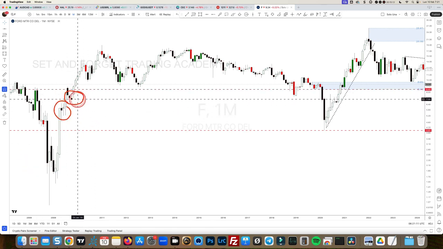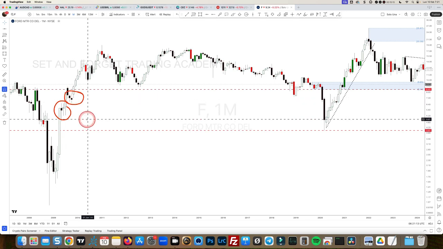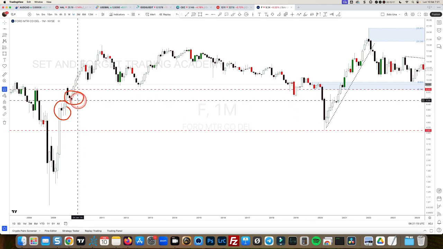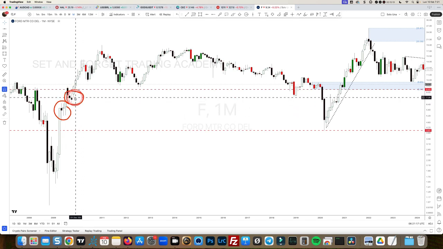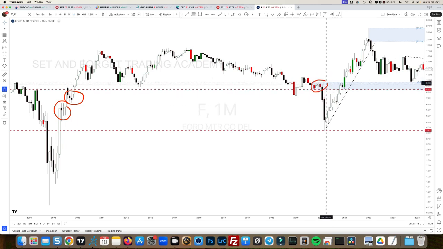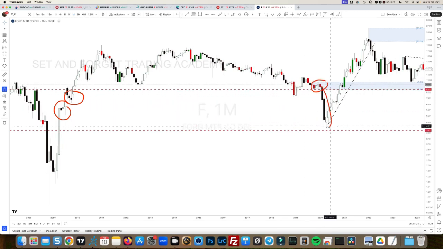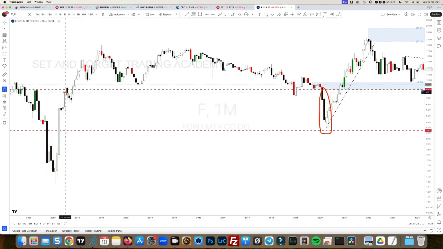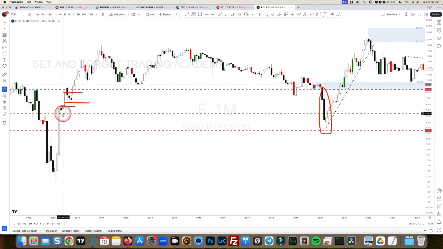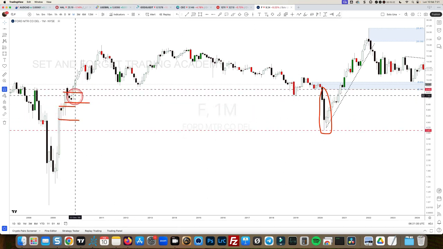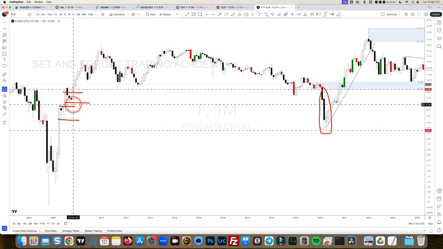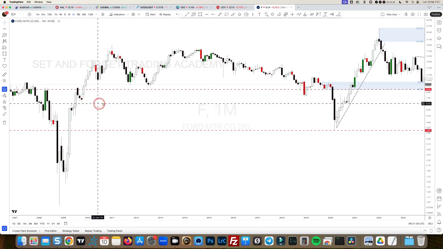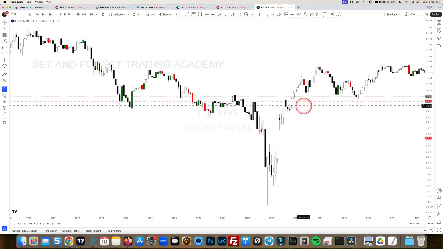If either of these two impulses is a demand level, then this should be supply, because this impulsive move over here, this sell-off, would be the one responsible for eliminating either of these two potential imbalances. So now we need to slide it right.